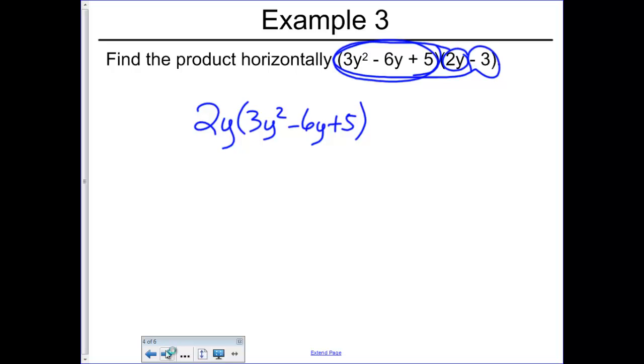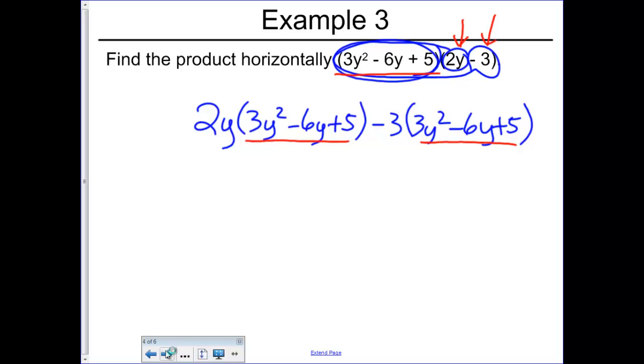Bring over my minus 3 and show that 3y squared minus 6y plus 5 inside parentheses. So what I will end up having is two large distributions, and notice that what's in parentheses here is identical. So I'm taking the first trinomial and I'm distributing each term of the second binomial to the entire trinomial.